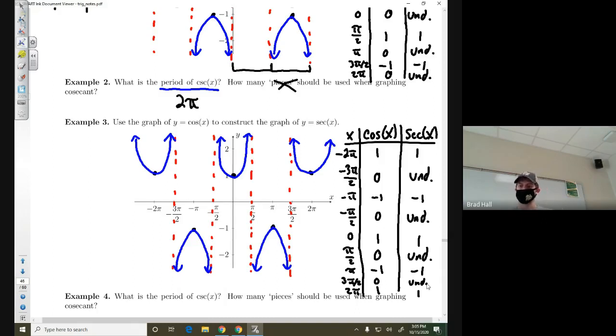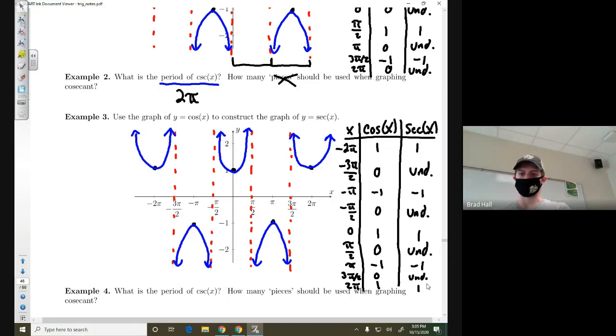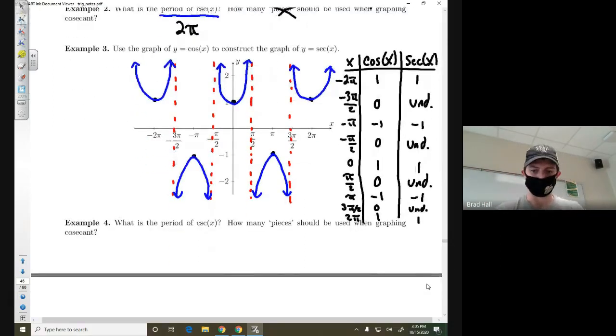They are so similar in fact that we can assert they have the same period. It's 2 pi again, the same exact logic as before. Again, pieces would be the same as before: 4 pieces, 5 intervals. Feel free, it doesn't matter. I'm not going to ask you for it.